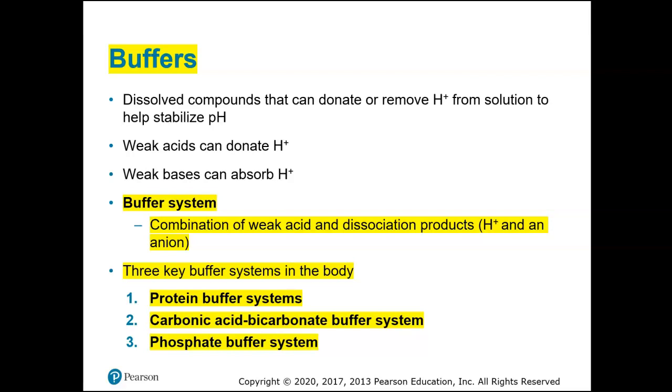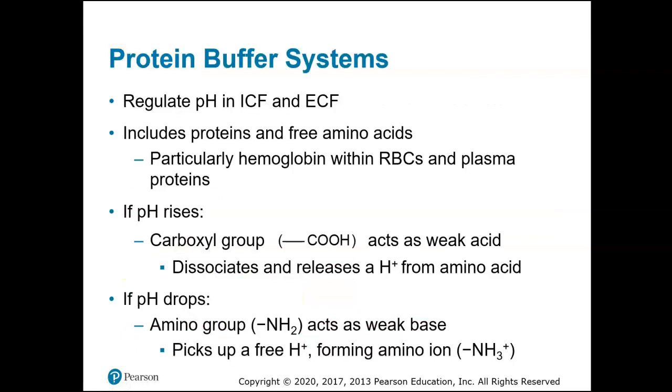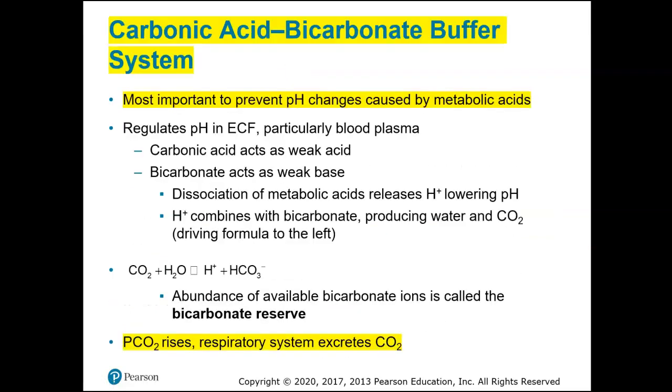When your pH is too high, the buffer system will release hydrogen ions and cause the pH to lower. So basically, buffer systems work by adjusting the concentration of hydrogen ions in your body fluids. There are 3 important buffer systems: the protein buffer system, the carbonic acid-bicarbonate buffer system, and the phosphate buffer system.